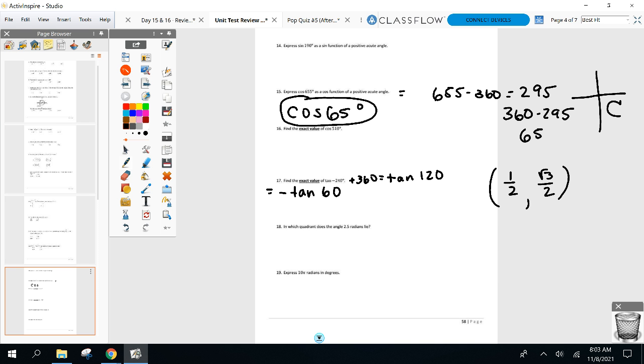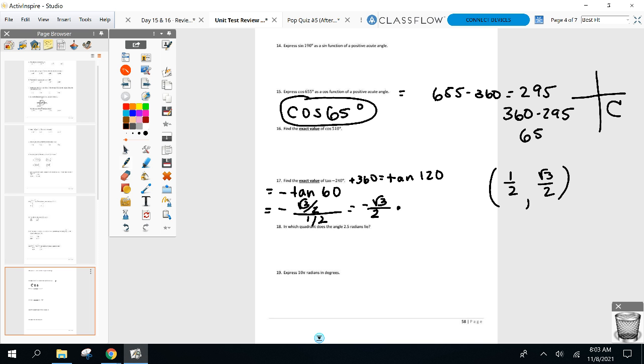Tangent. Not x. Not y. Y over x. So here we go. Negative radical 3 over 2 divided by 1/2. Y over x. Keep talking to me because I'm not leaving that garbage as my answer. Yep. Negative radical 3 over 2.